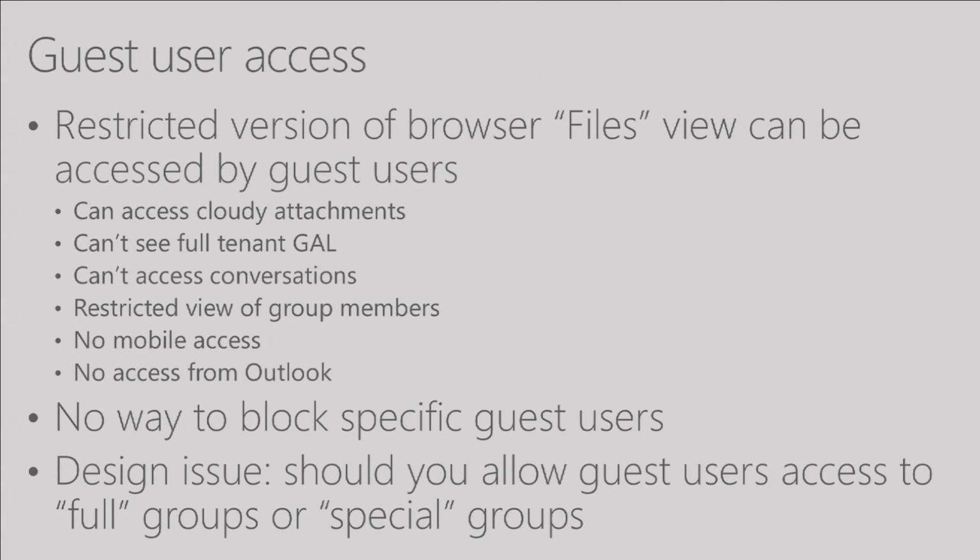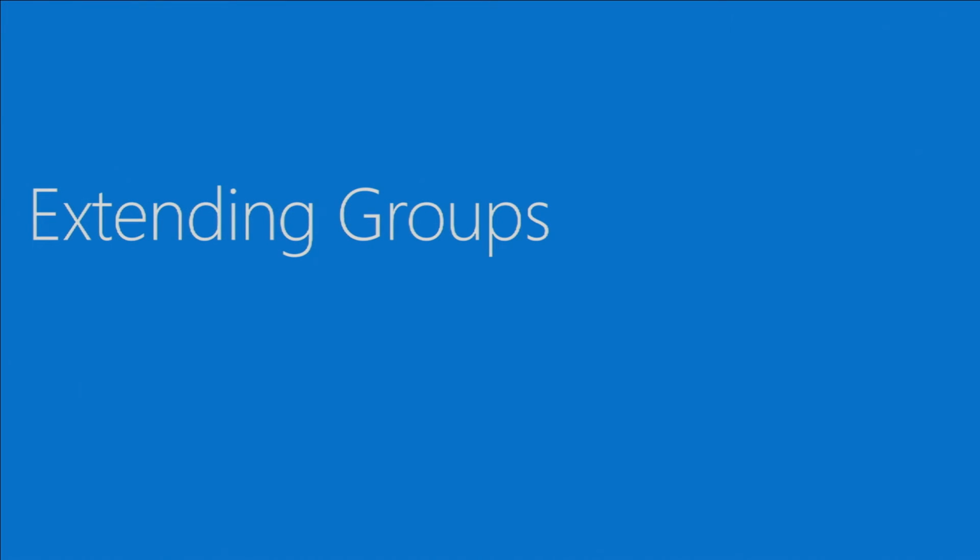They fear that the person could come in and they would have access to all the stuff in the group, whereas you really only want to give them access to a subset of the information in the group. So the easy answer is, if you're in that type of situation, set up specific groups for external sharing and do it like that.